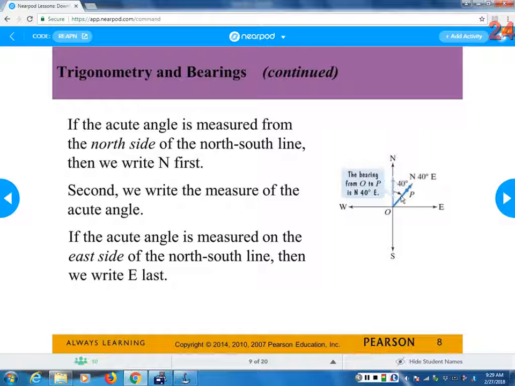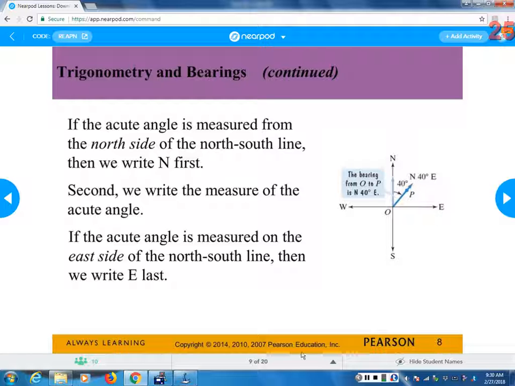So we've got a 40-degree angle here. Here's OP, and it's 40 degrees from the north-south line, and it's closest to the north. So that's why we write the N first. Then we write the measure of the acute angle. If the acute angle is measured on the east side, then we write E last. So we write this angle as north 40 degrees east.